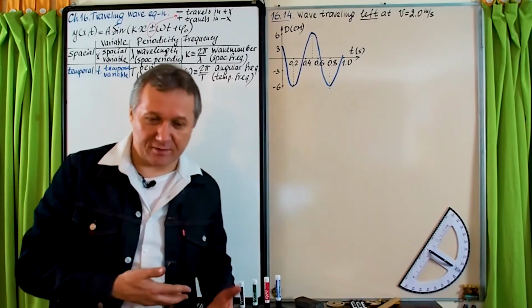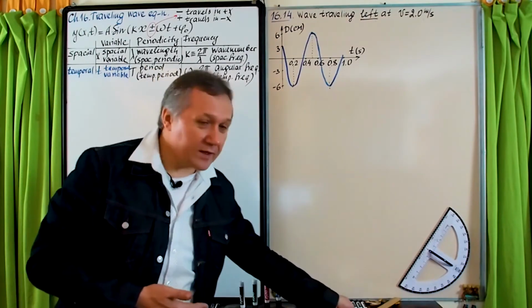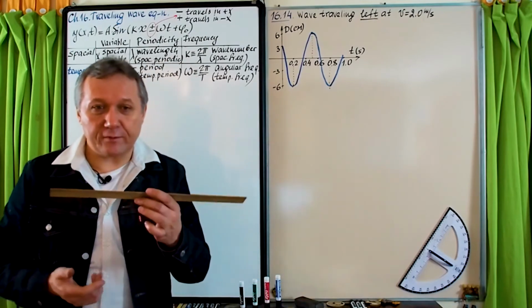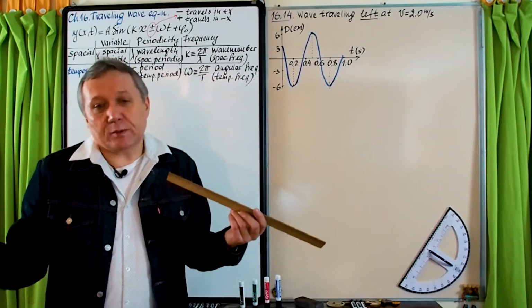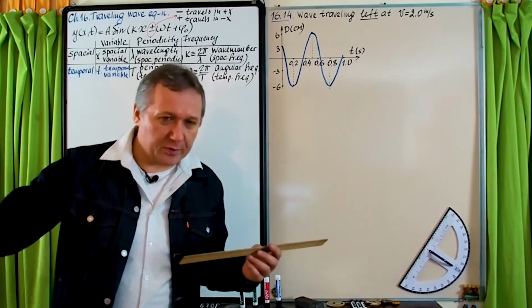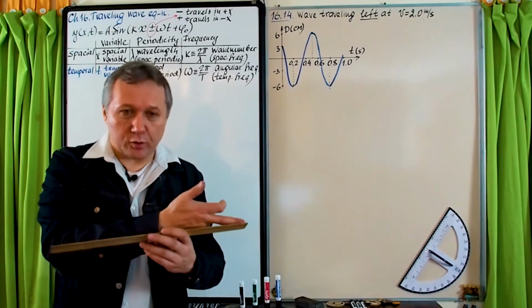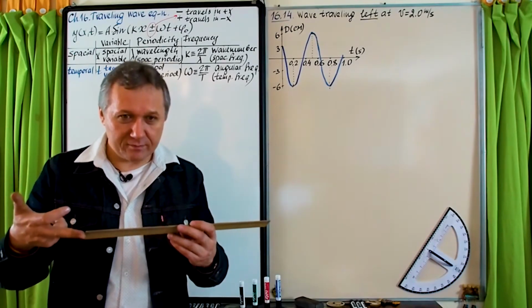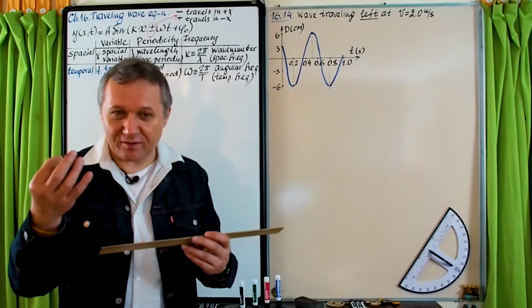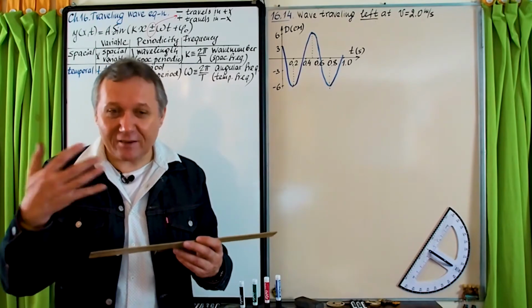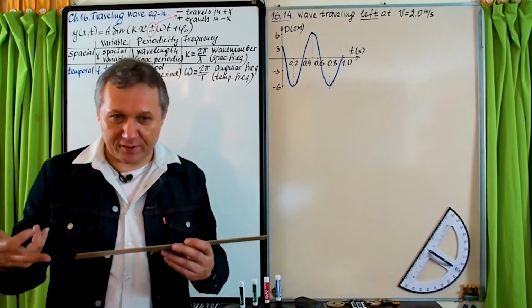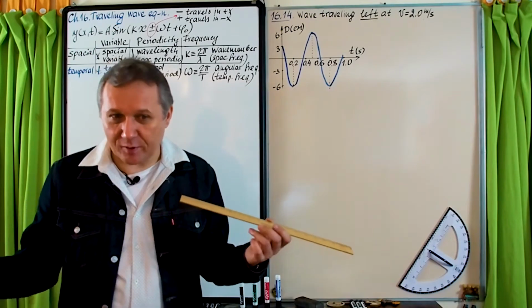It's a mix. For example, like in physics 1, you remember how we can find a speed of some, speed of a car. So you need to know distance covered. Distance, it's a spatial quantity. And divided by the travel time. Travel time, it's a temporal quantity.